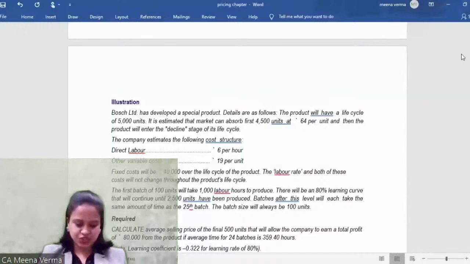Quickly read this question. If you have done the reading, quickly tell me that you have done the reading of this question. Kunal.